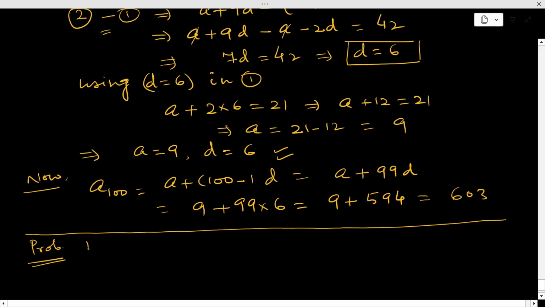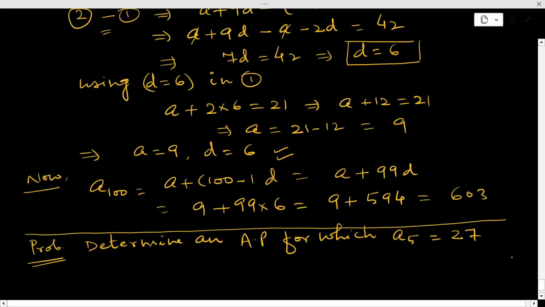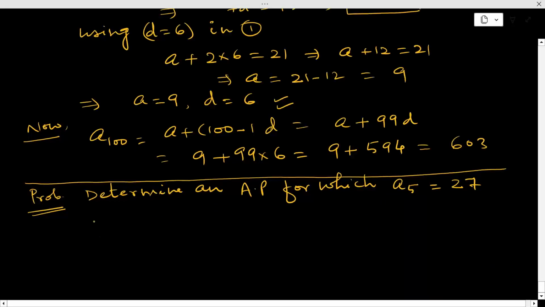Here we have to determine an AP for which the fifth term is 27 and A27 minus A20, the difference of the 27th and 20th terms, is 28. So we have to determine an AP for which this is possible.